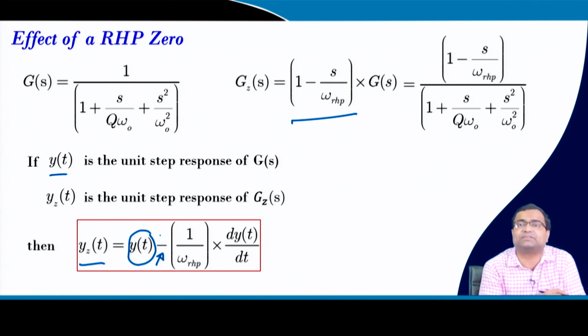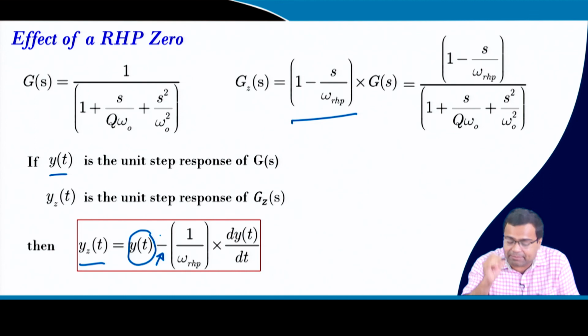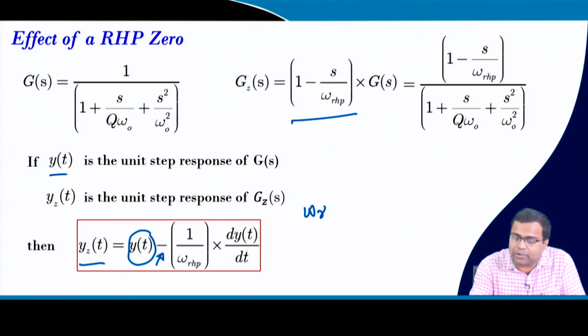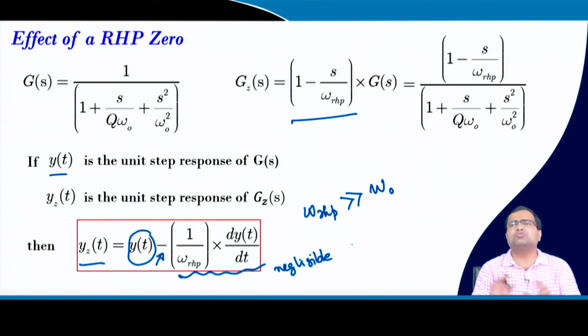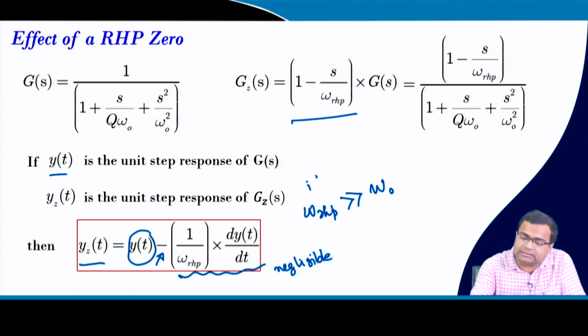Now, there is a negative sign. Again the same analogy: if omega RHP is very far, then this effect is negligible and has no effect. This is case 1.